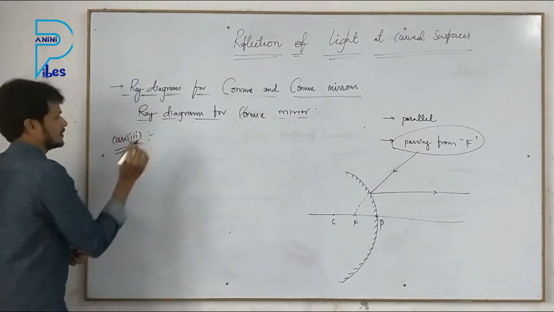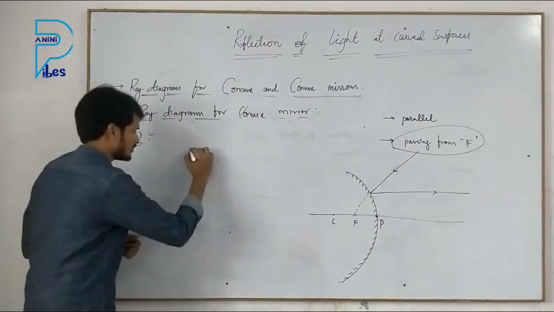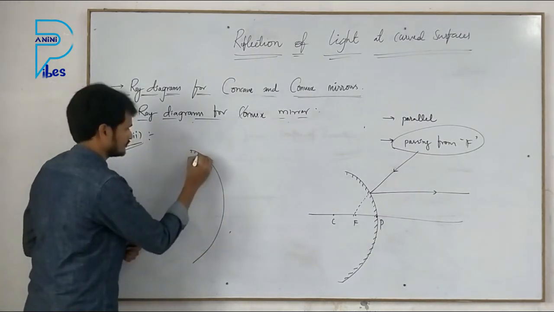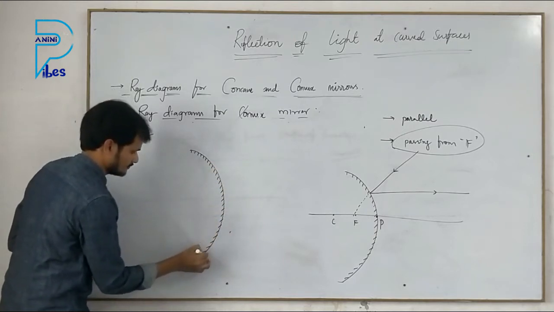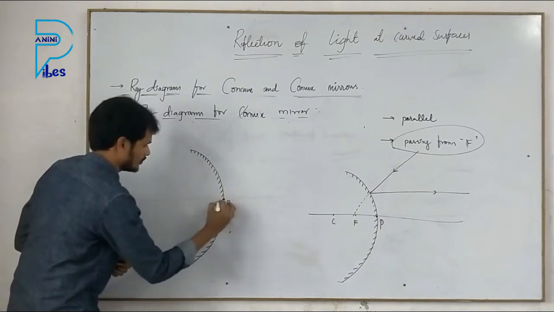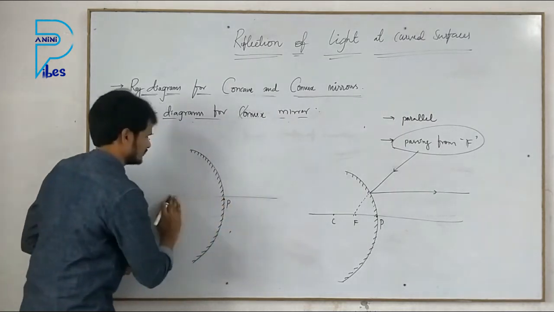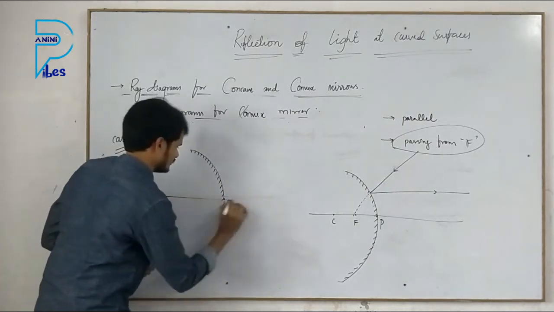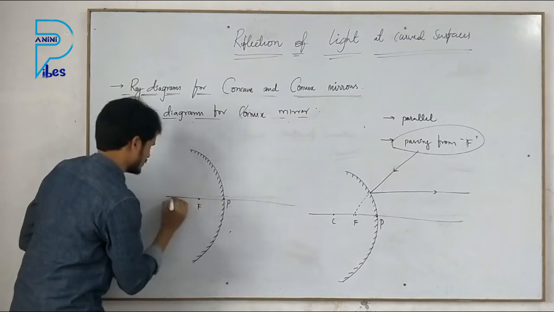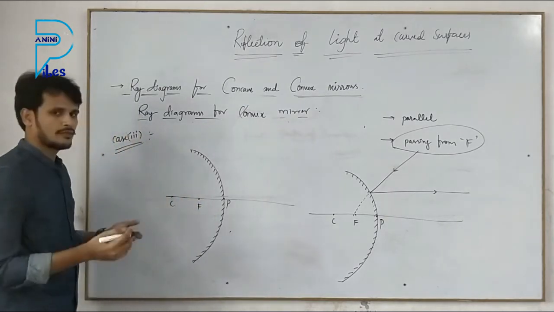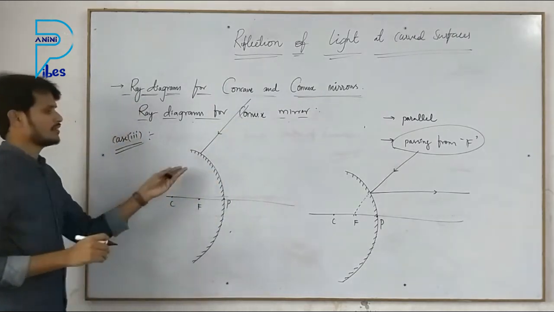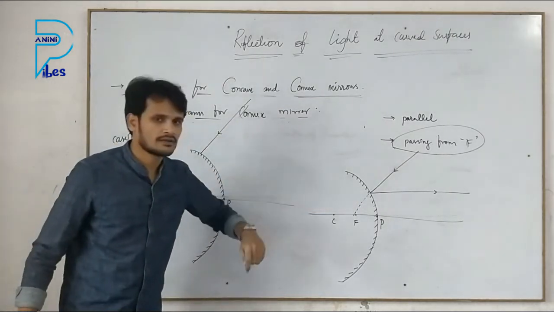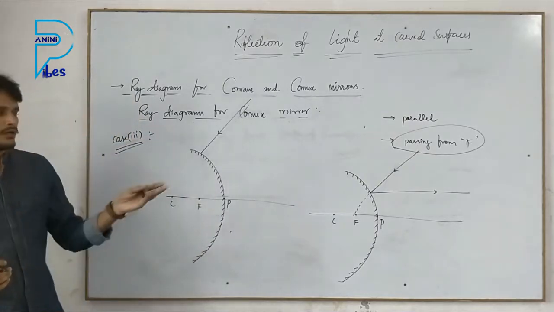Case 3, convex mirror. Let's draw the convex mirror with pole, focus and center. Imagine one ray is coming, like how we took the ray in the second ray diagram.